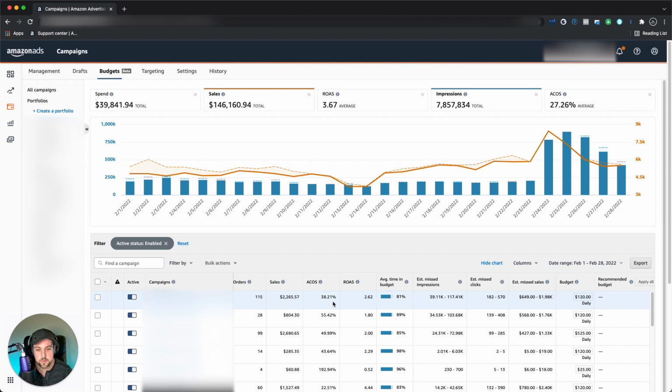Maybe in this particular instance, we haven't hit that threshold of 45% yet, which is break even, but it also can help significantly with organic rankings and things of that nature. So you have to know your particular margin and what you're willing to spend up to on the overall ACOS. If this is over your margin, let's say your margin's at only 15% or 20%, maybe this is overspending, beyond what you're comfortable with.